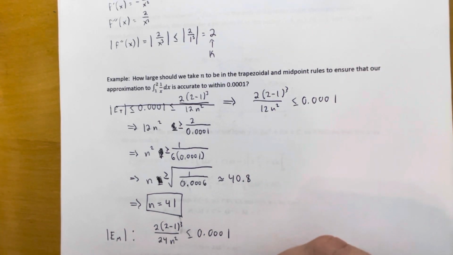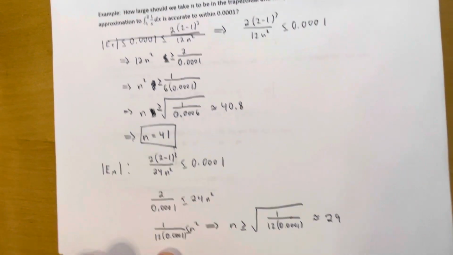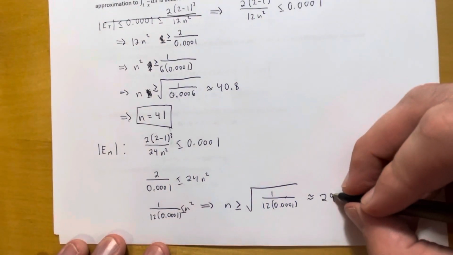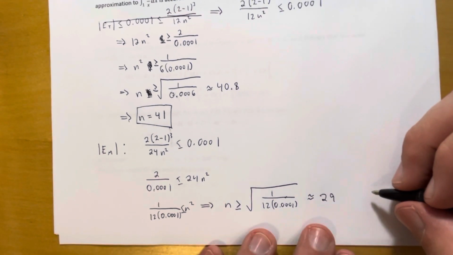I'm going to flip things around. So that means n has to be greater than or equal to the square root of 1 over 12 times 0.0001. And this comes out to approximately 29. Oh, sorry, I was off the screen there. 29. That's coming from this after plugging it into a calculator.